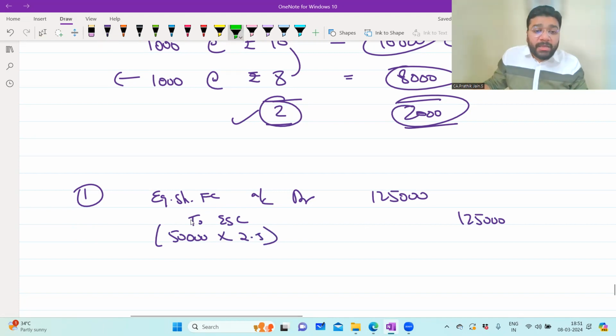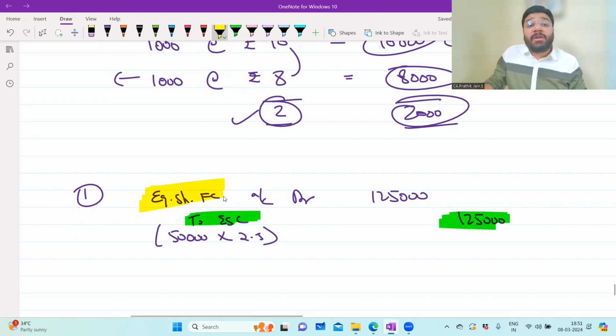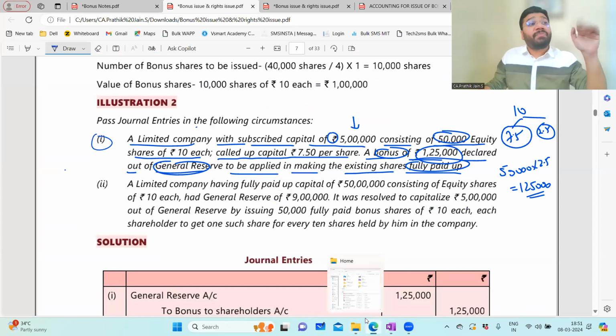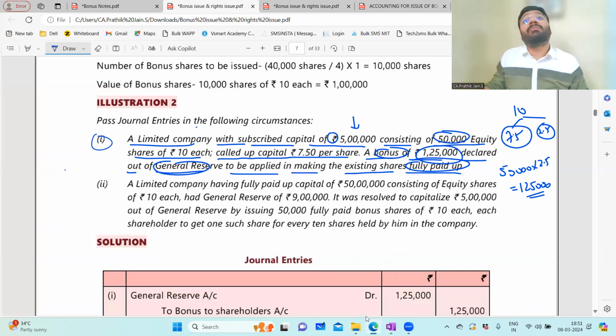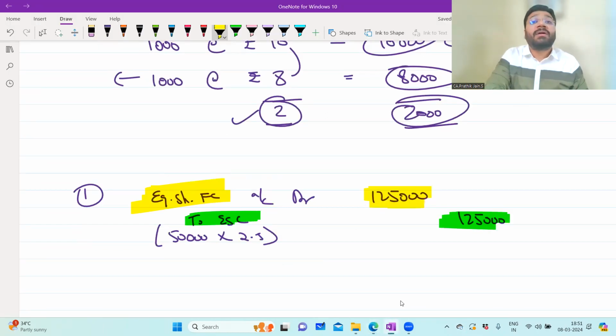Now, the moment I put equity share capital in credit, you've made that person the owner of 125. But debit equity share final call indicates as if I have to collect this money from the shareholder. But is the shareholder going to pay this money? No, because the question very clearly said that the shareholder need not pay. From my reserve, I will still contribute. Who's saying? Company is saying. So this money has to come from the company.